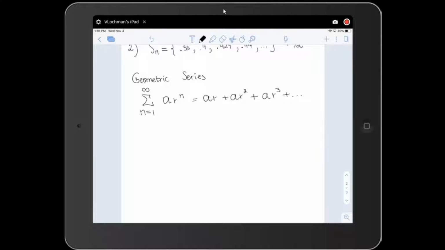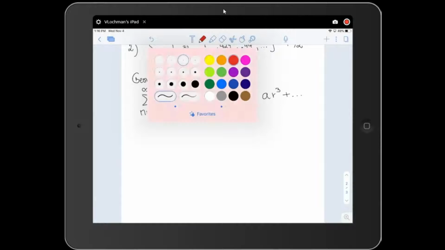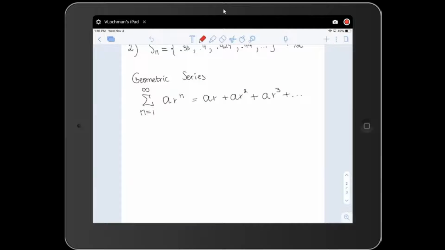We need to remember that this series converges. The partial sums converge to a times 1 minus r to the n over 1 minus r, and this happens whenever our r, which is the ratio, is less than 1 in absolute value.